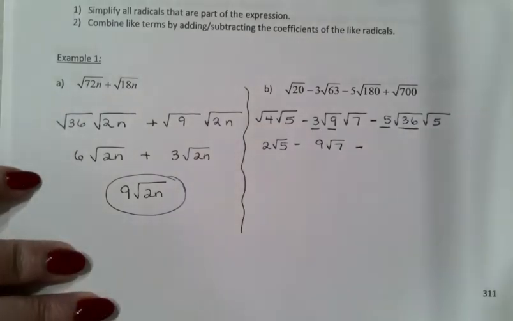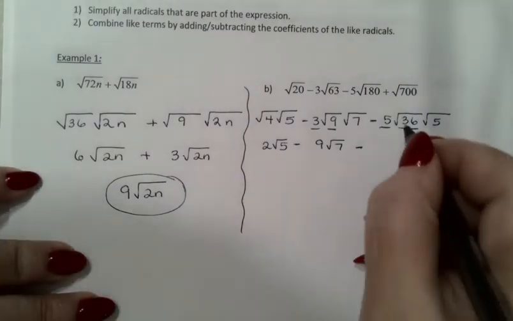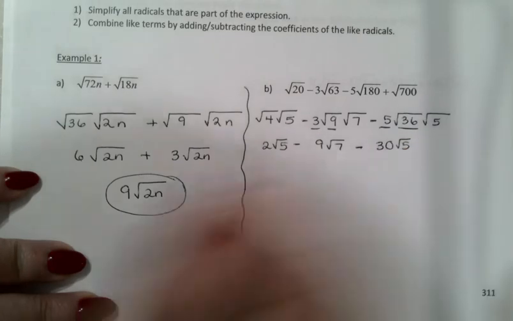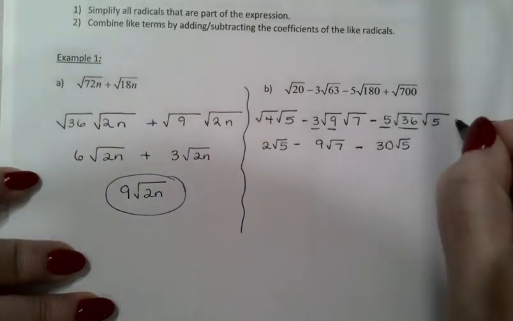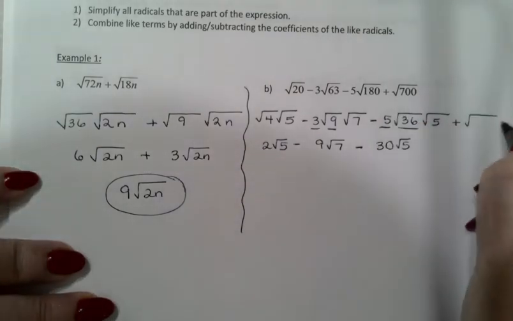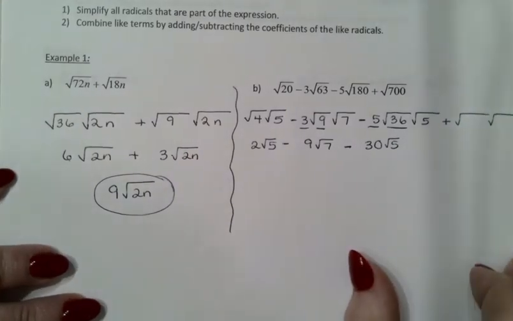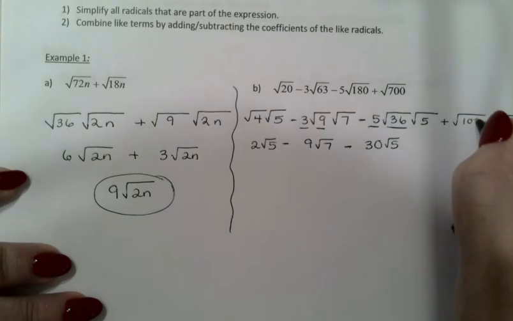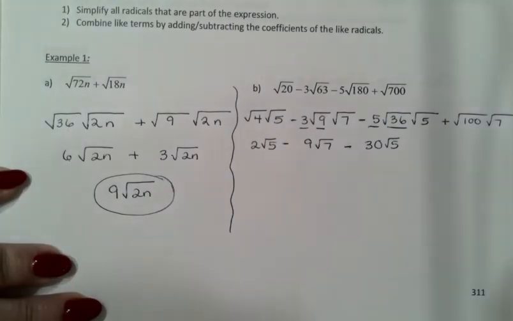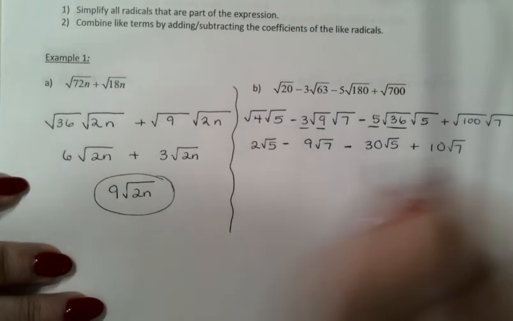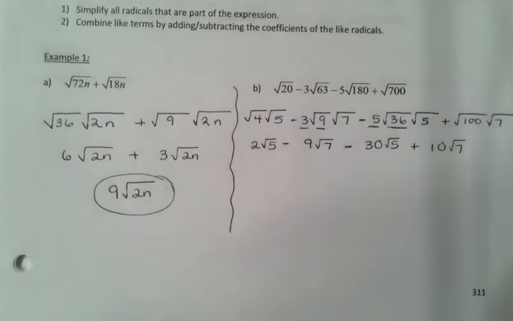Square root of 36 is 6. So 5 times 6 is 30 square root of 5. And I got one more, plus square root of 700. I'm going to go with 100 times 7. So that would be plus 10 times the square root of 7. Whew, a lot of simplifying there.